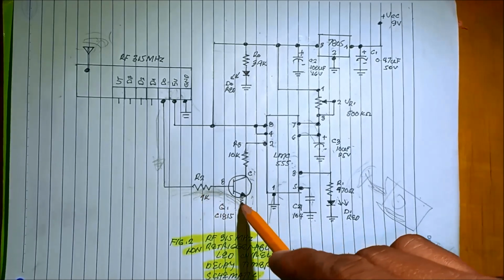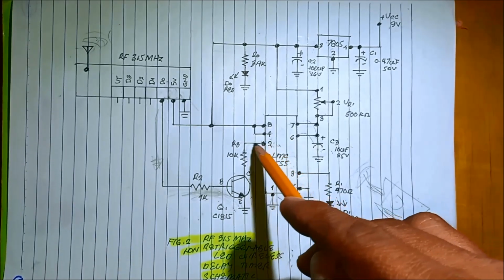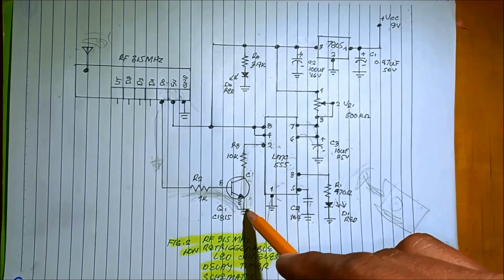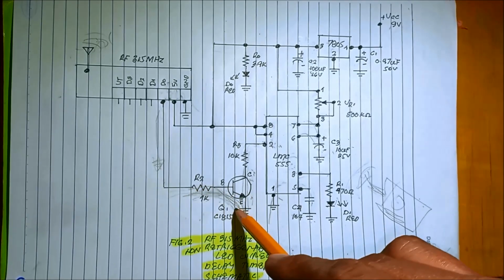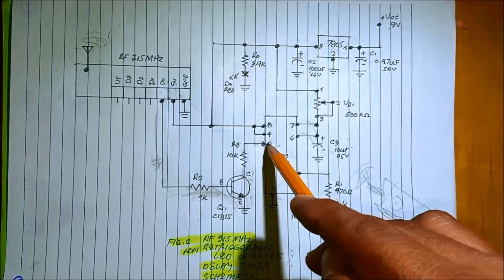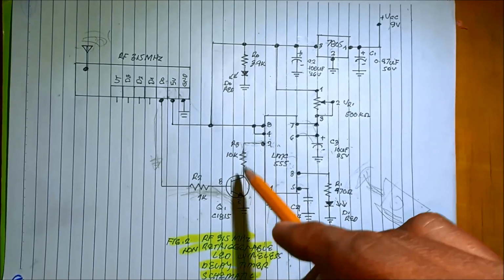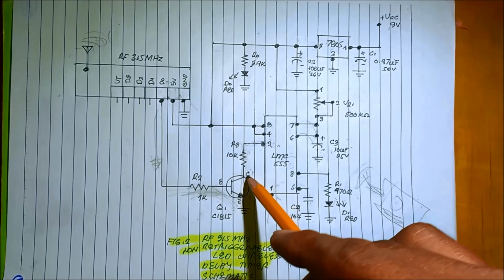If this transistor switches on, the trigger pin of the IC is pulled down to the ground. There's a base current here. The current will also flow into pin number 2, then through the 10K to the collector and emitter, switching this transistor on and pulling it down to the ground.